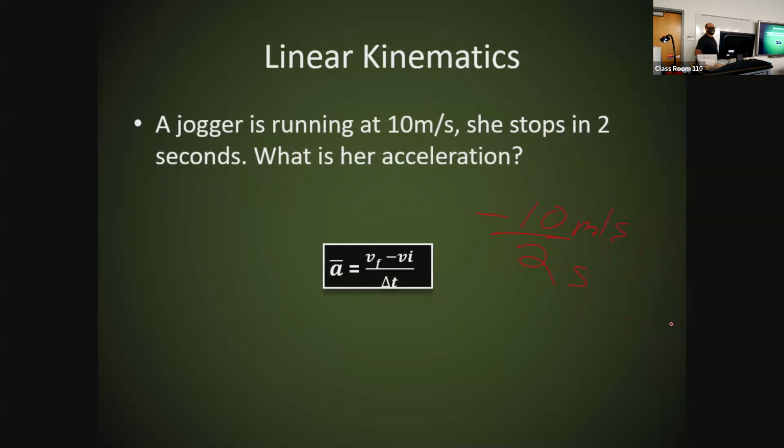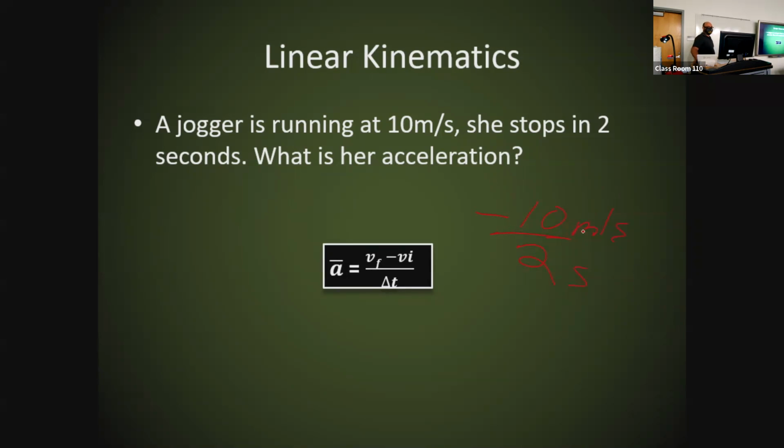Then the second one was the jogger. She started running at 10 meters per second, stopped completely in 2 seconds, and her acceleration then was minus 10 meters per second.